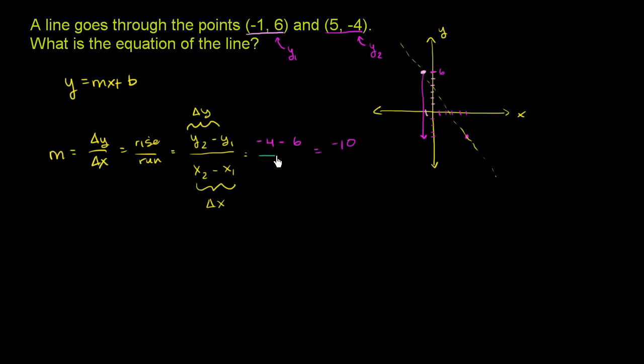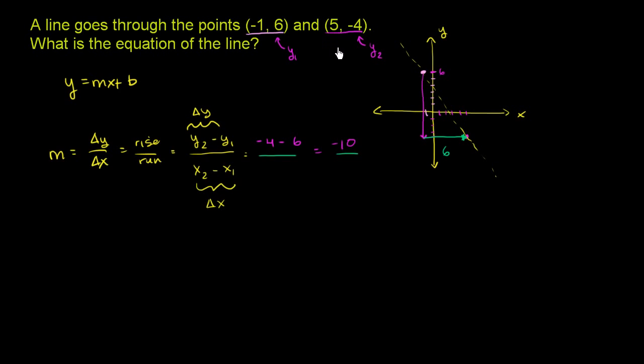Now we just have to find our change in x. We can look at this graph over here. We start at x is equal to -1, and we go all the way to x is equal to 5. So it takes us 1 to get to 0, and then 5 more. So our change in x is 6. You could use the formula, same exact idea.